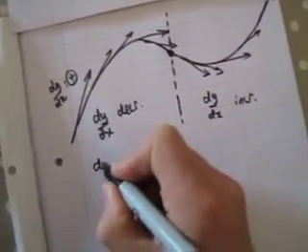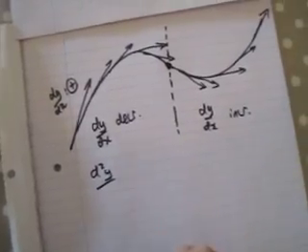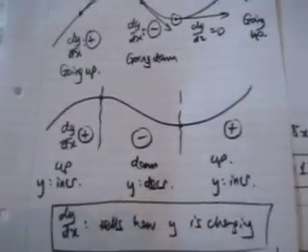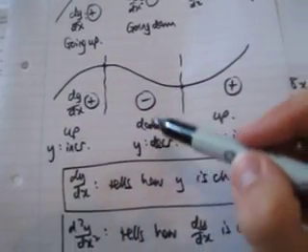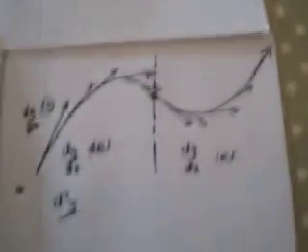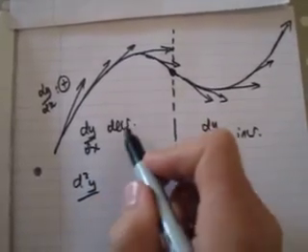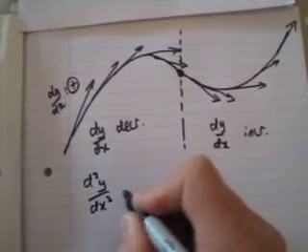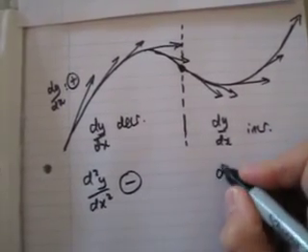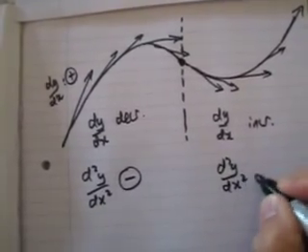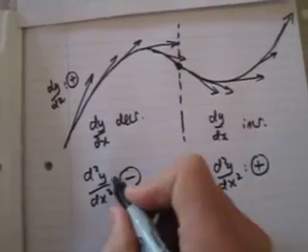If y is increasing, dy/dx is a plus. If y is decreasing, dy/dx, the derivative, is a minus. So if dy/dx is decreasing, the derivative of it is going to be a minus. If dy/dx is increasing, the derivative is going to be a plus.